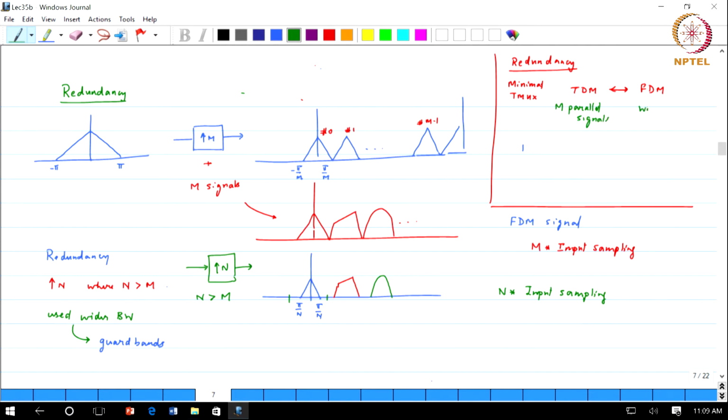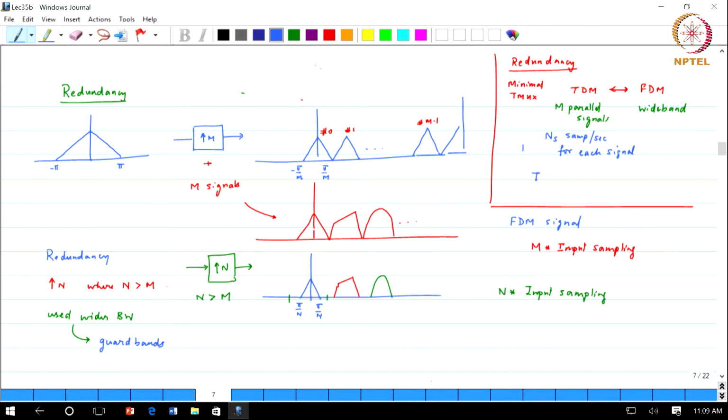So, the minimal system says that if I have a sampling rate of ns samples per second for each signal, then I have m of them.